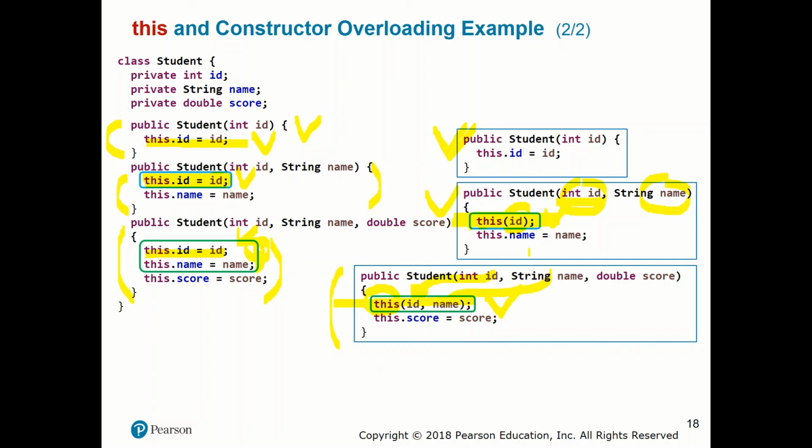And for someone who learns this for the first time today, please use this keyword inside the constructor to call another constructor. Okay, the only thing you need to be careful about is the parameter part. Parameter part is very important.